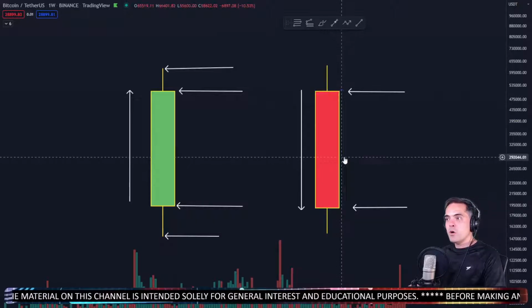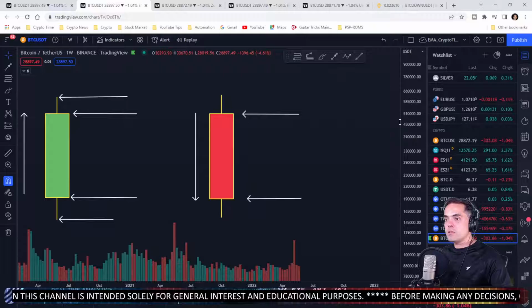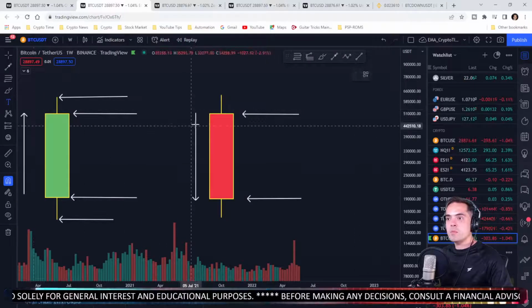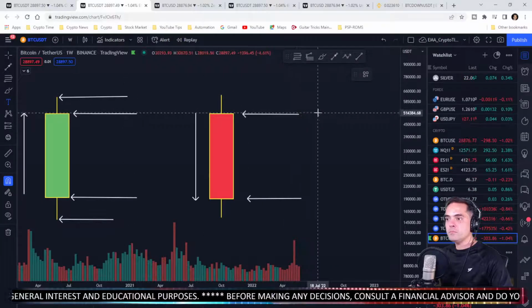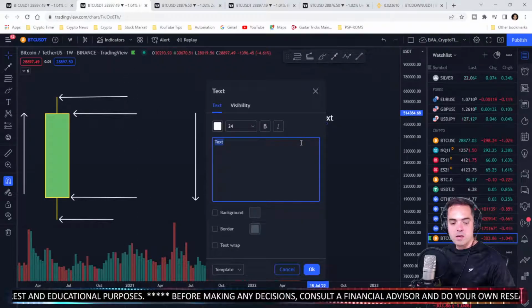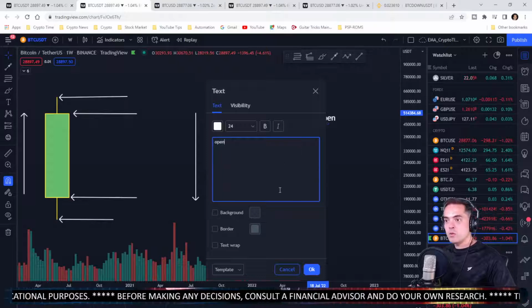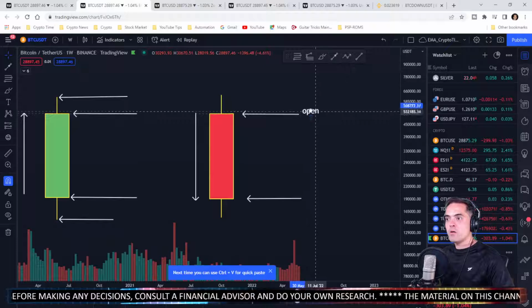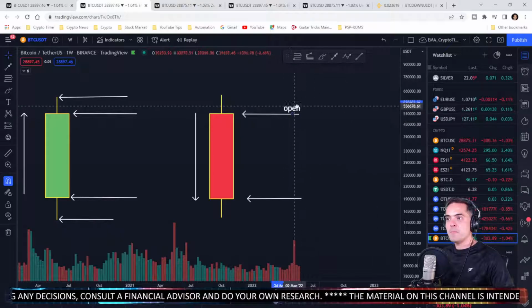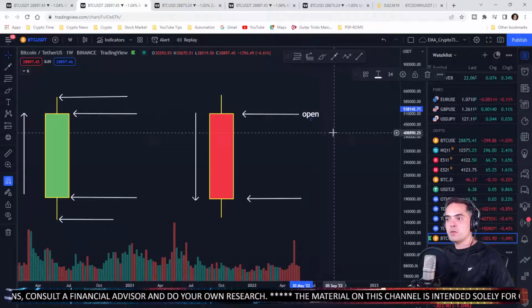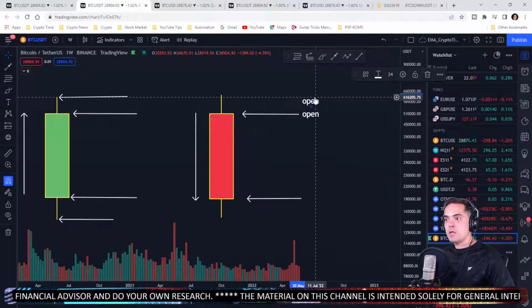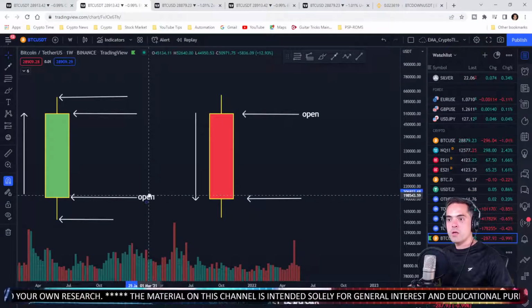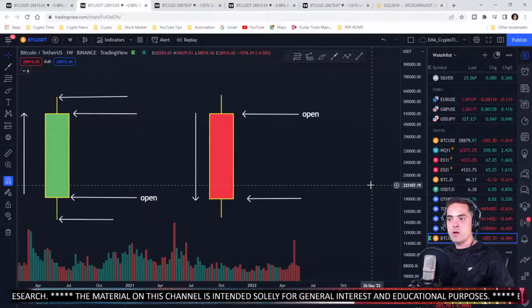Let me go back to the screen. This will be the open for the bearish candle, and this will be the open for the green candle.